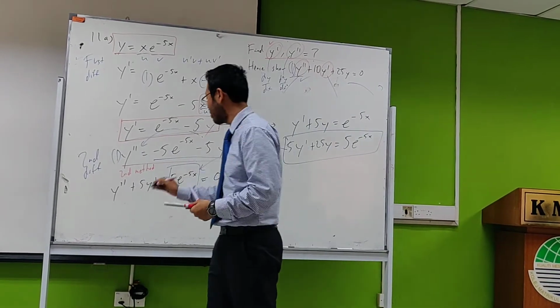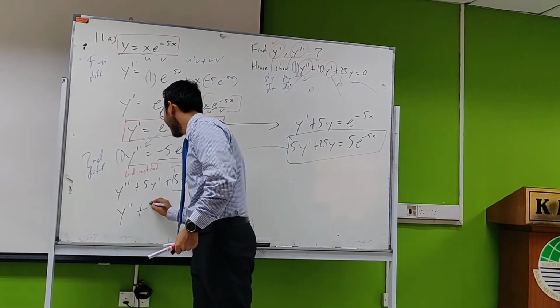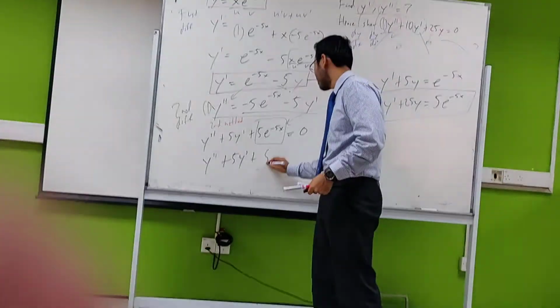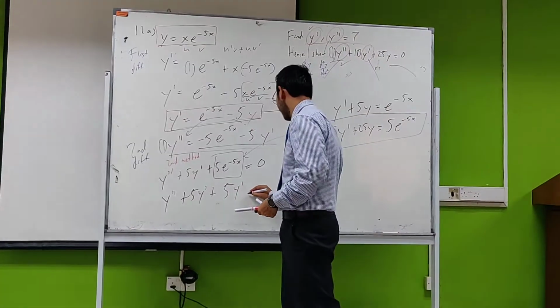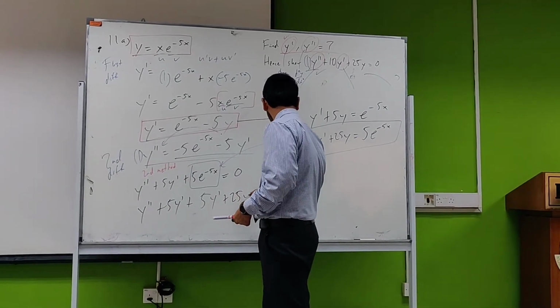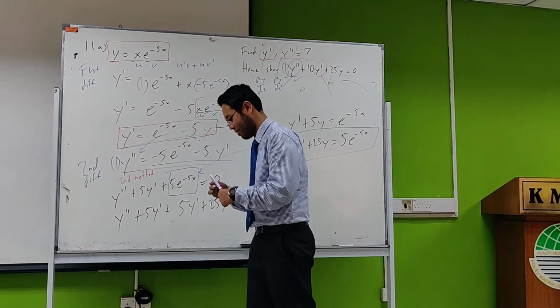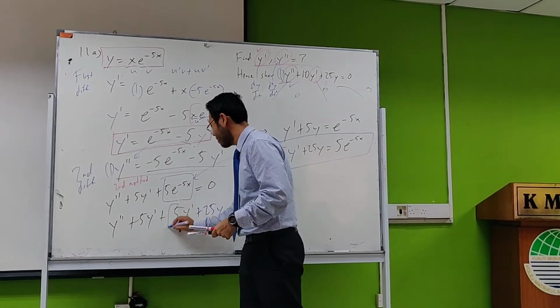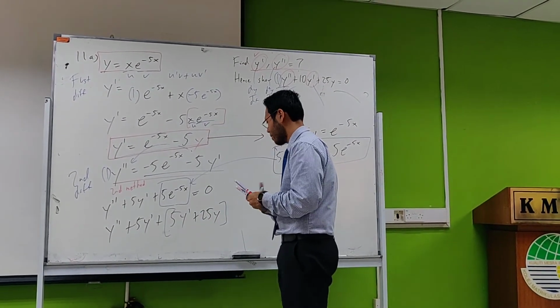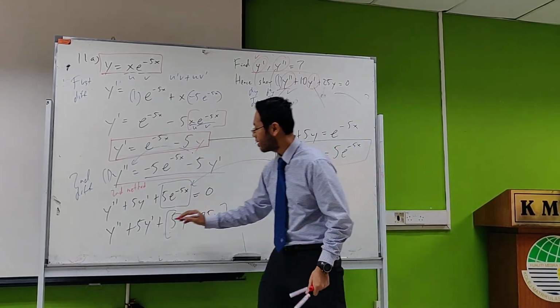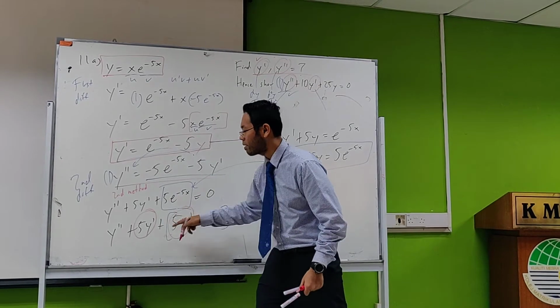So once I substitute there, this is easy. You need to think about this one. But once you get the hang of it, it's fun. And I get here 5y prime and 5y prime. I can combine them.